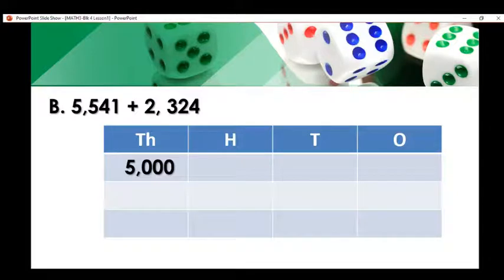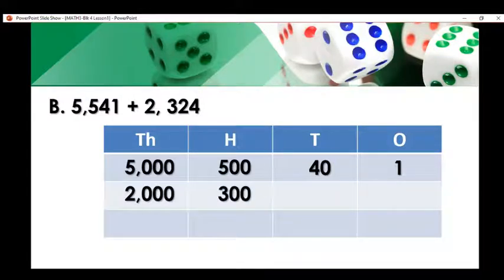We'll put 5,000 in our thousands, 500 in hundreds, 40 in our tens, and 1 in our ones. And let's go with the second number, which is 2,324. Now that we are done expanding our two numbers, we can simply add them.